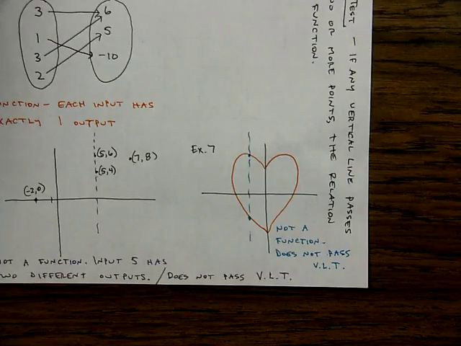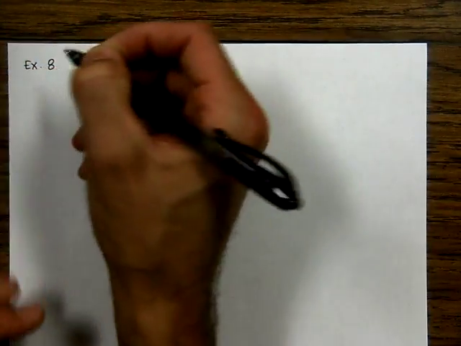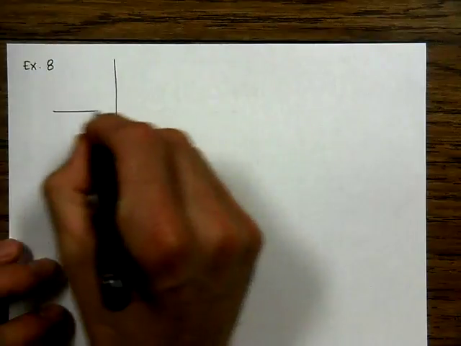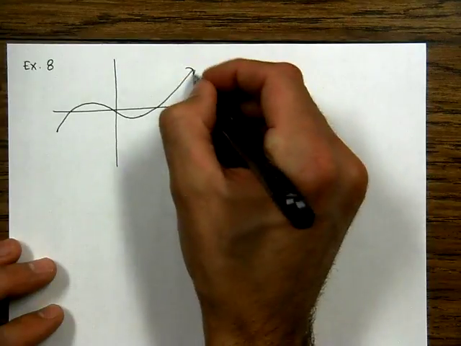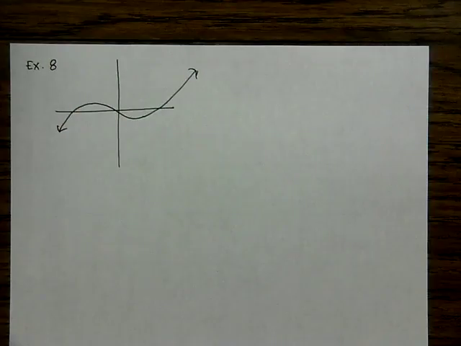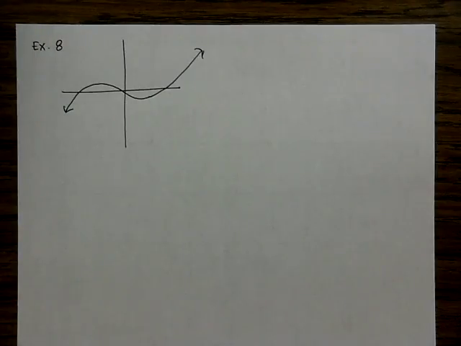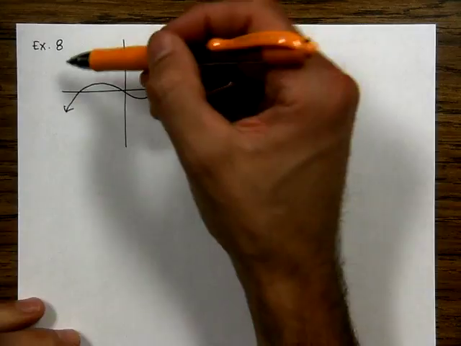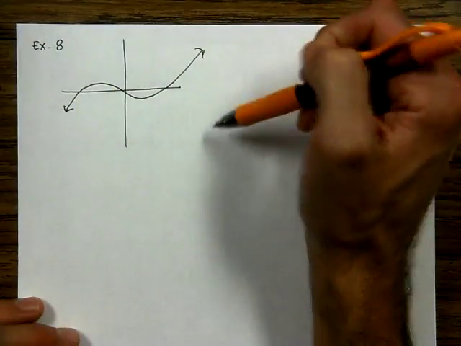Take a look at one more of those examples. So when I look at this one, anywhere that I draw a vertical line is going to pass through only 1 point on this graph.